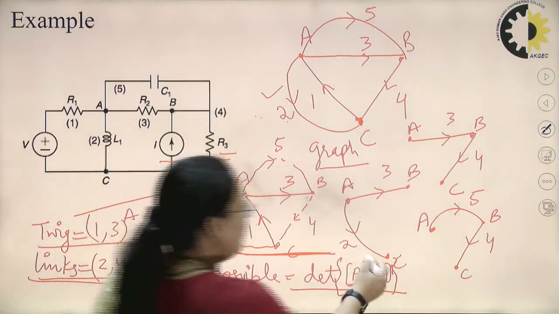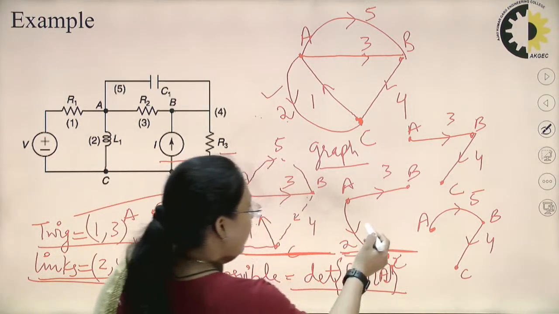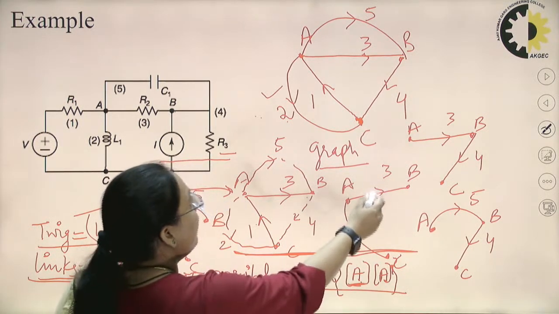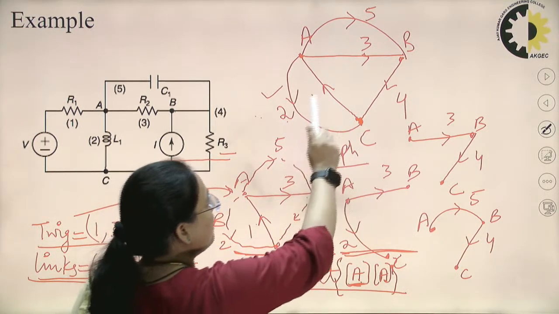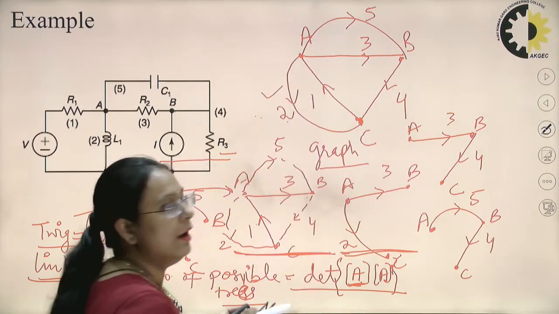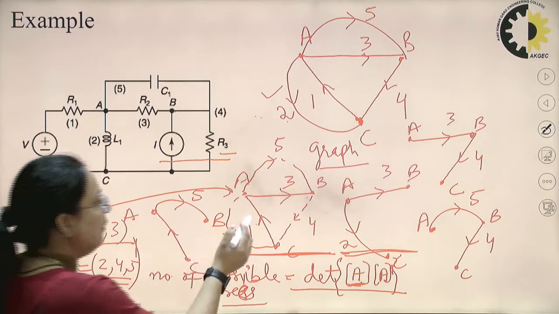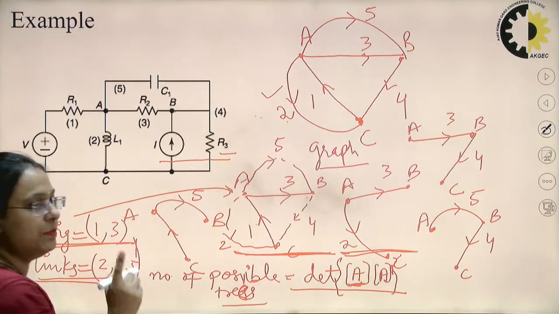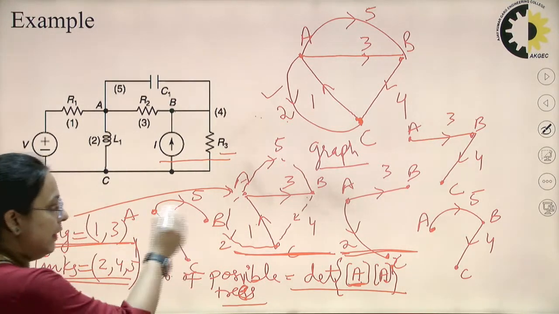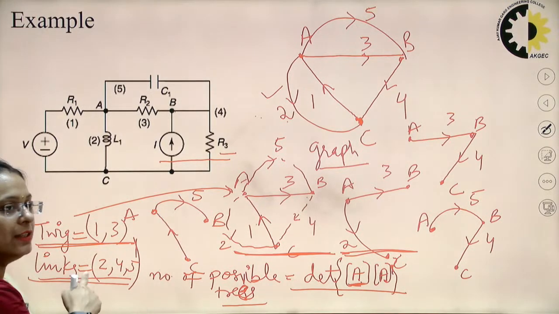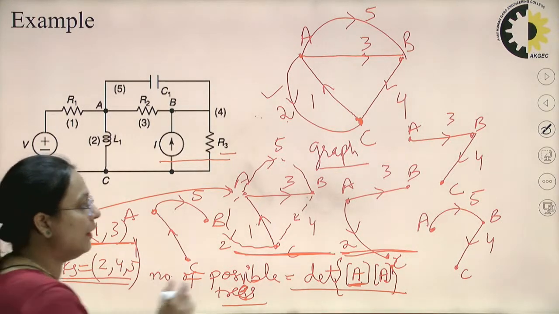Similarly, for this particular tree, here 2 and 3 are the twigs and the rest of the branches, that is branch number 1, 4 and 5, are called the links. And please remember that twigs are always represented by bold lines as I have drawn here, and links are shown by dotted lines.